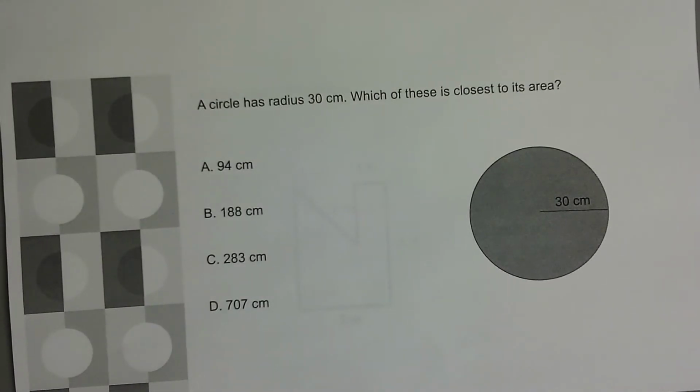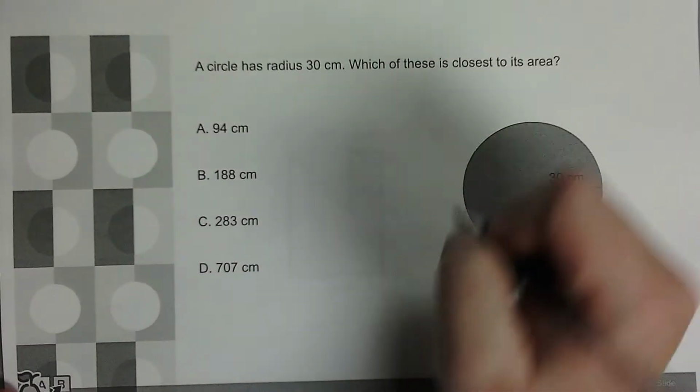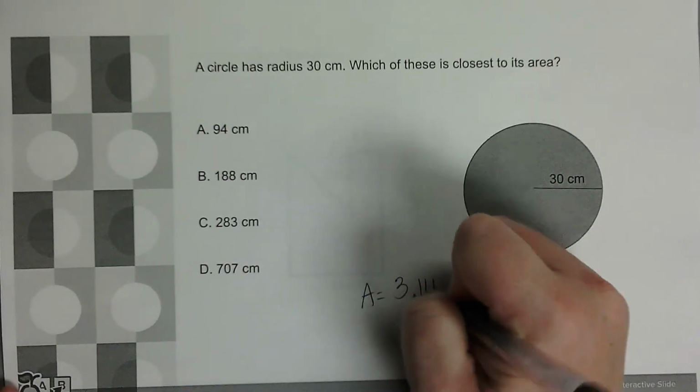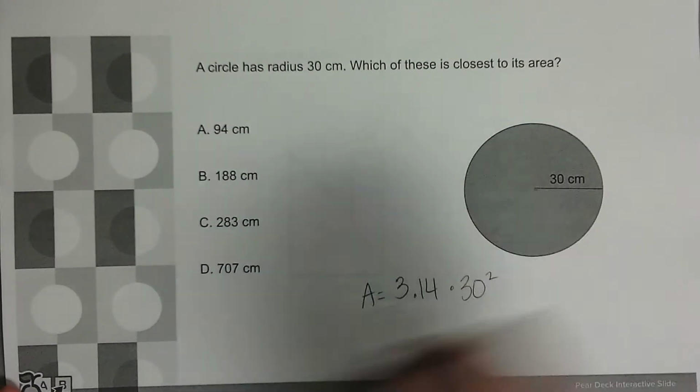The circle has a radius of 30 centimeters. What is the closest area? Well, area is pi r, our radius, squared.